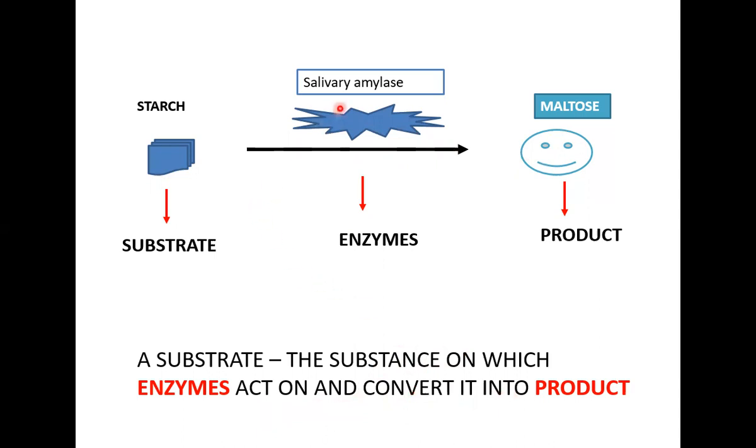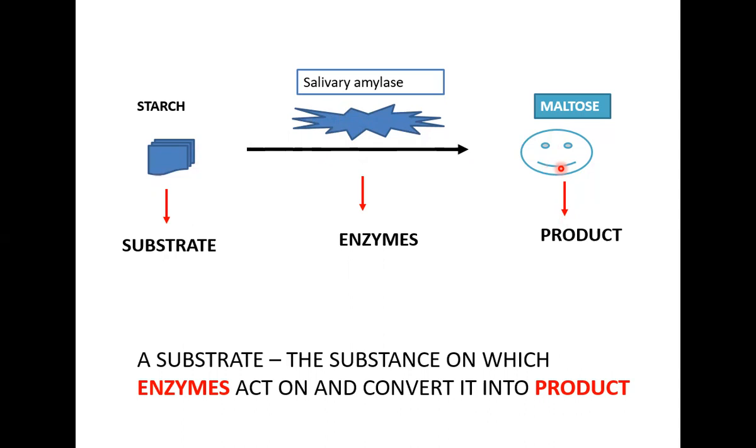Here, the enzyme is acting on starch to convert it into maltose, and that's a product. So the enzyme acts on substrates and converts it into a product. I believe this makes sense. Enzymes act on substrates and convert it into product, and a substrate can be anything depending on the type of enzyme.